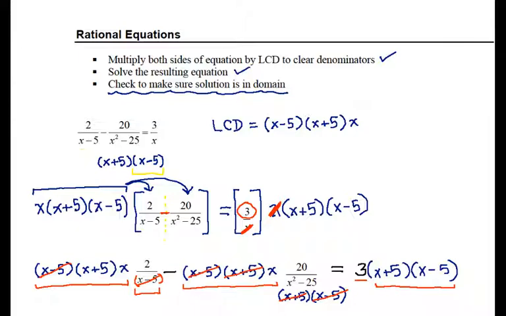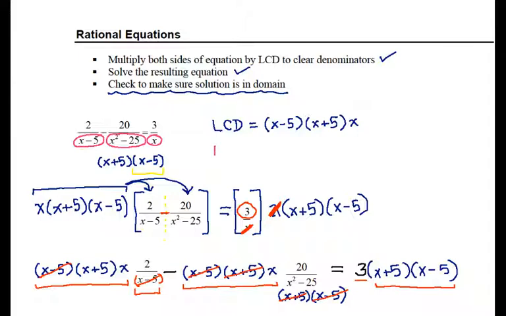Now the domain in this case is all values that don't give me division by 0 errors. So one way I could find the domain is to look at the denominators of the original equation, all three denominators. But note that all of the factors that show up in denominators are also in my LCD.